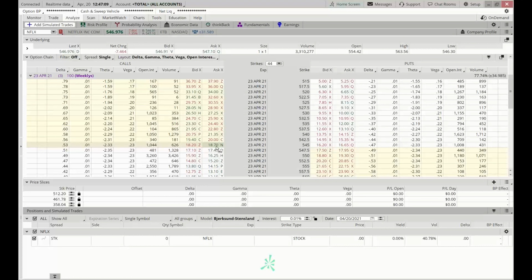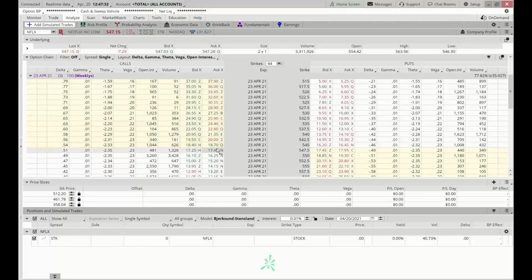Let's just build an iron condor quickly. So here's how we use our estimated IV crush. Okay, here we go. We've got a stock trading at about 547. I'm going to punch this in on my calculator on my desktop. 547 times 7% is $38.